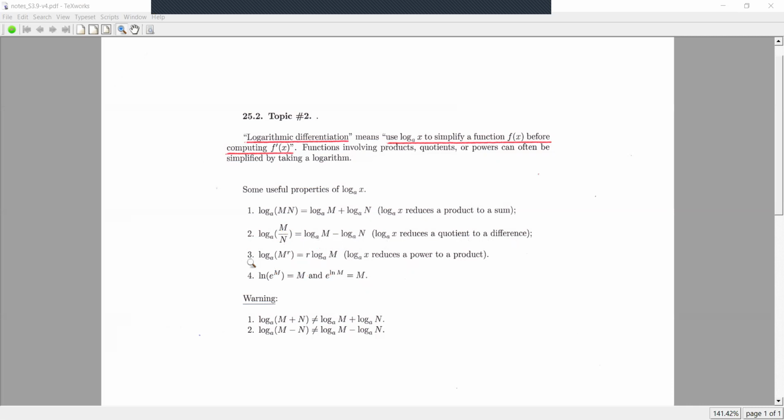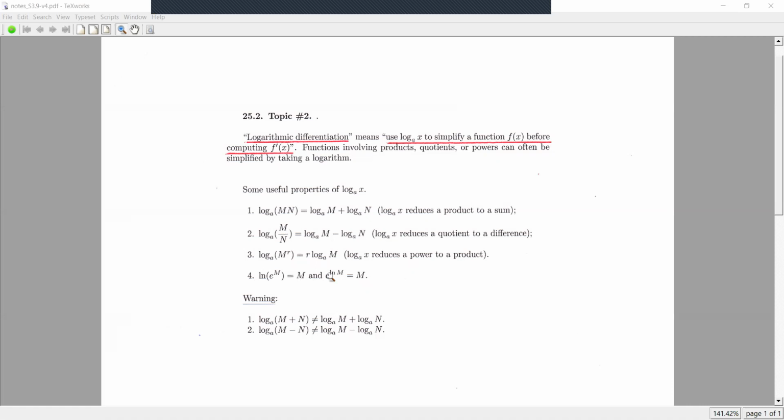Property number 3, log of a power is the power times log. Log reduces a power to a product. Property number 4. Natural log of e to m is m.